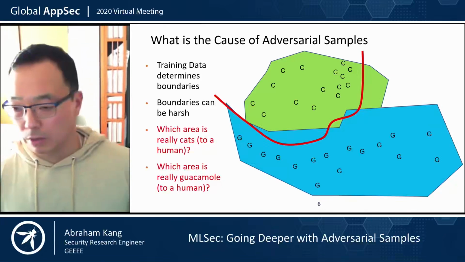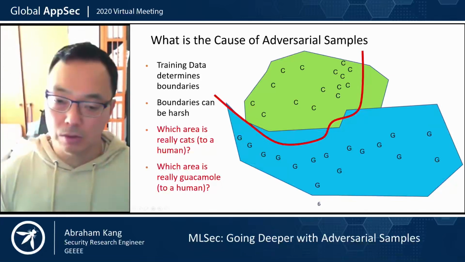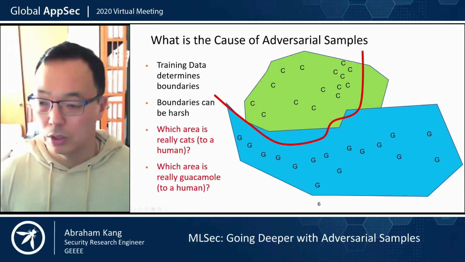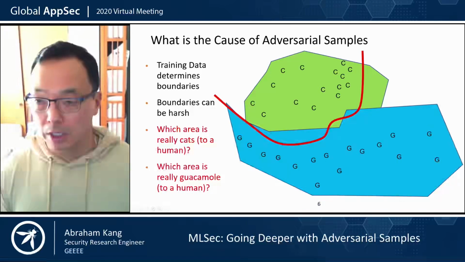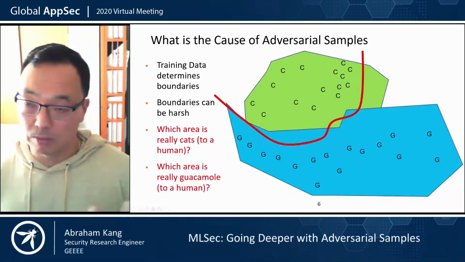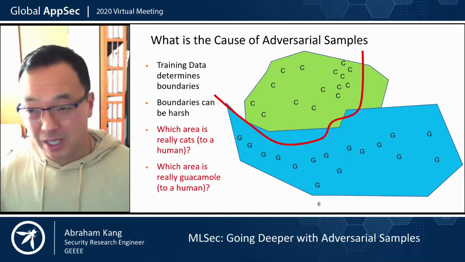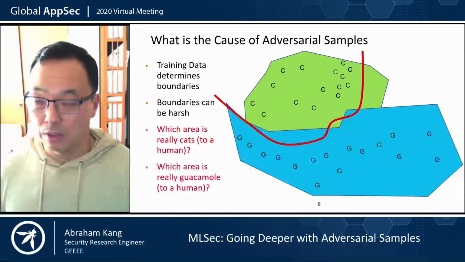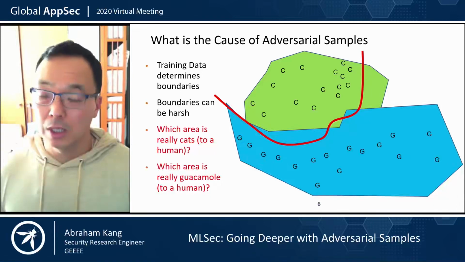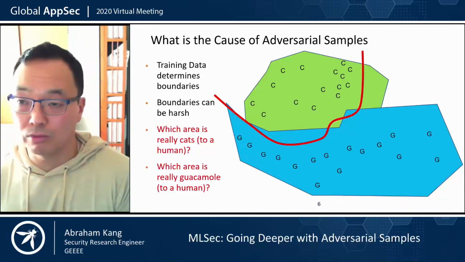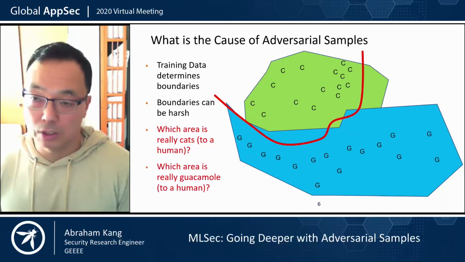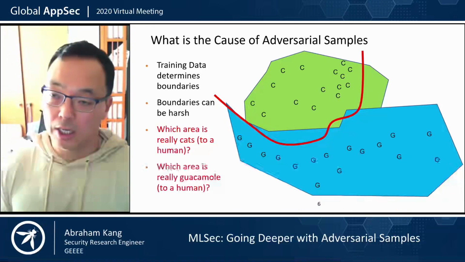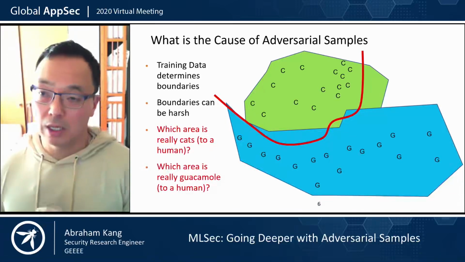Oh, and then the other thing is the boundaries are pretty harsh. So for example, when we train a picture of a cat and we give it to the model, we say, this is 100% cat and 0 everything else. A cat and a dog might share certain features, like pointy ears, like a German Shepherd, and cats have pointy ears, and they have fur.